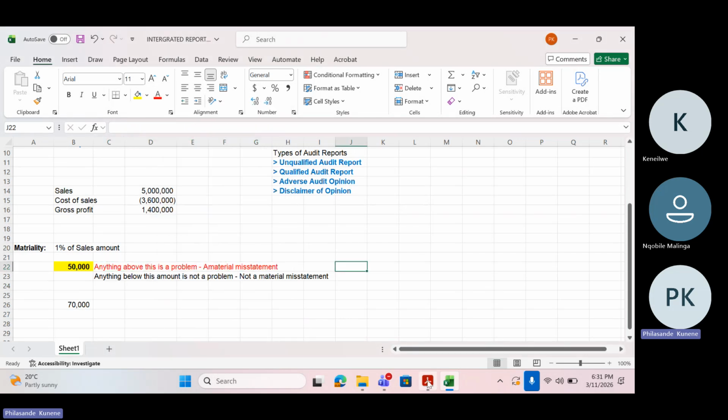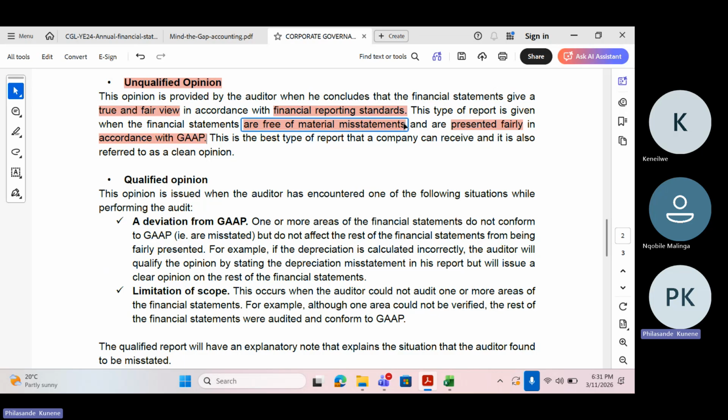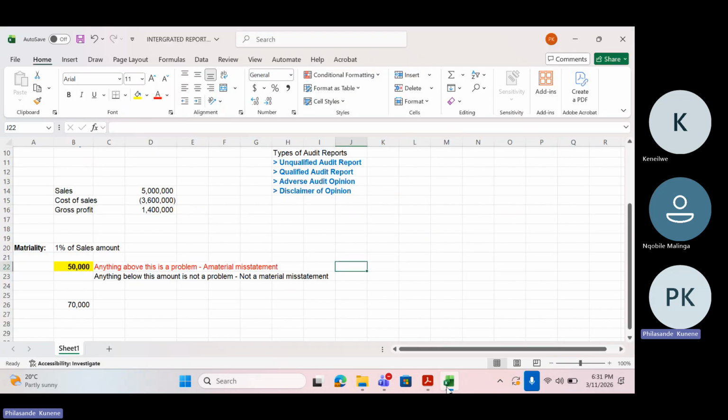Now let's go to this thing. I want you to see here. Unqualified opinion, they're saying here, this type of report is given when the financial statements are free of material misstatements, which means only if the misstatement is material, right? It has to be free from material misstatement. But if there is a misstatement that is not material, it's still okay.